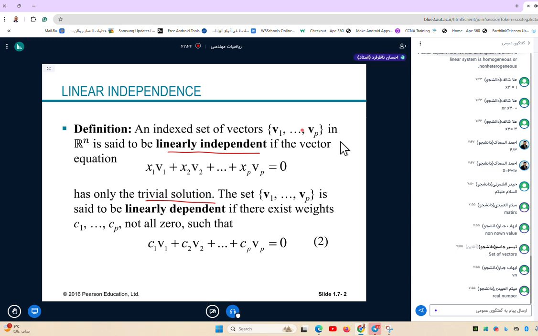Then we say that these vectors are linearly independent. However, if we can find another solution, not all 0, so this means that there are some solutions which are not 0, in that case we say that these are linearly dependent. If we can find only the trivial or 0 solution, this is called linearly independent. Otherwise, this is linearly dependent.